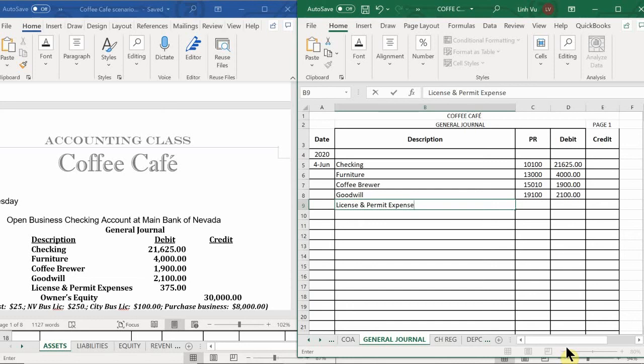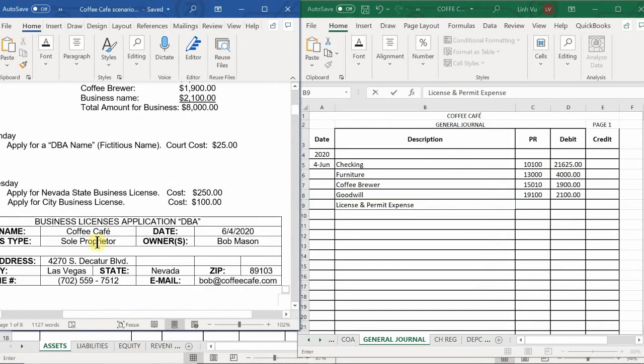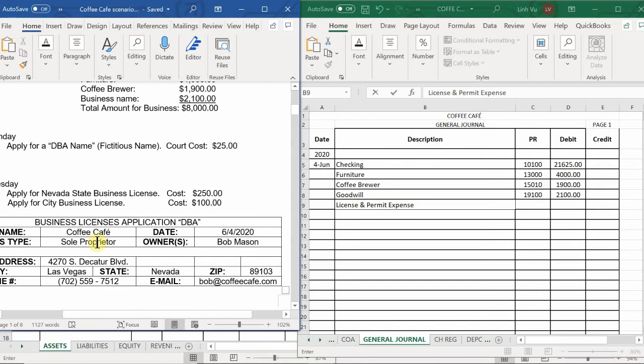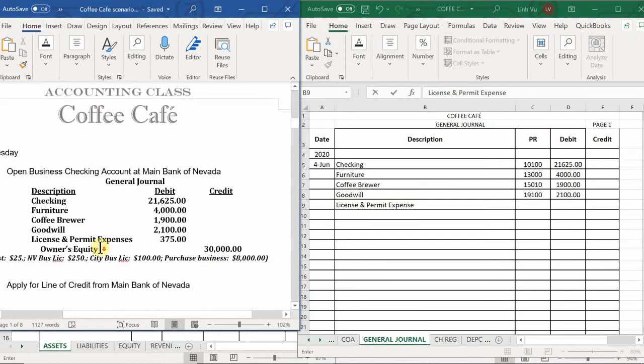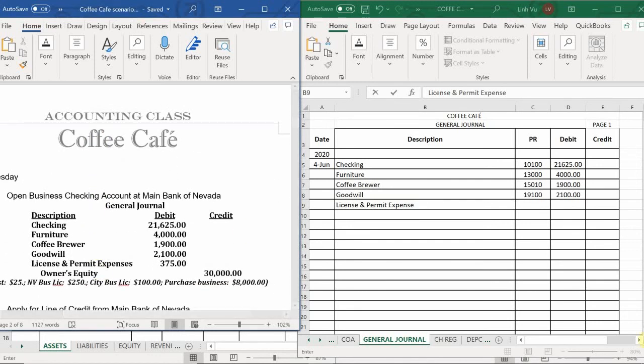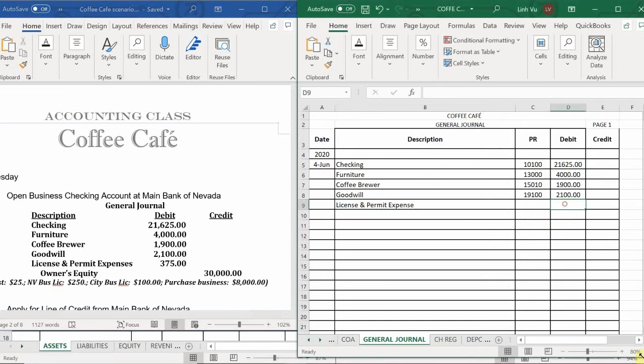So in this case, I'm going to combine it all. $25 from my court cost for changing the name, the state cost me $250, the city cost me $100. So in grand total, that to me is going to be $375. Now, because we're in Excel, you can do your calculations here as well.